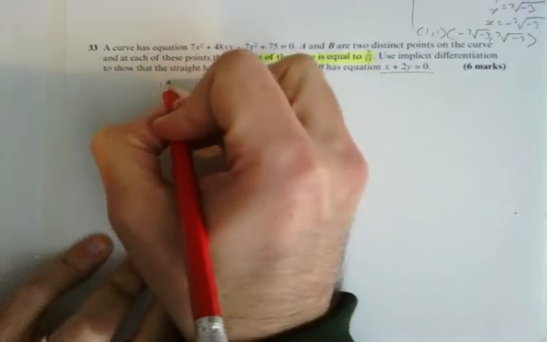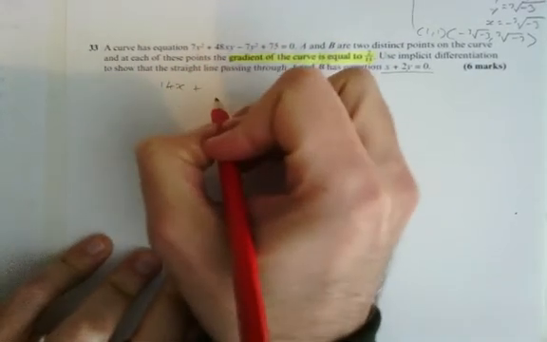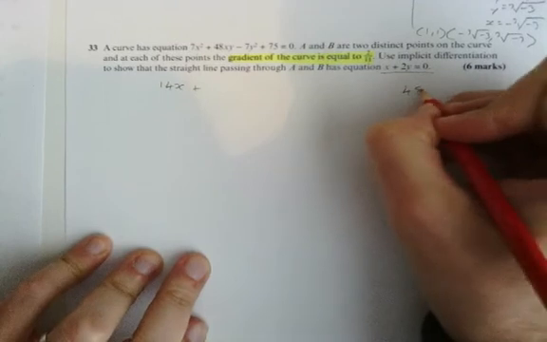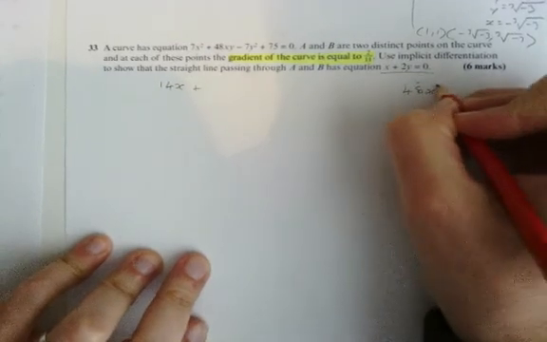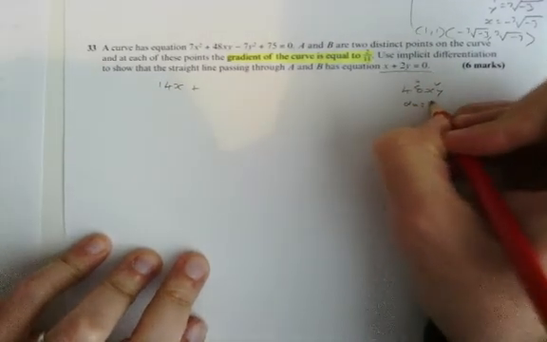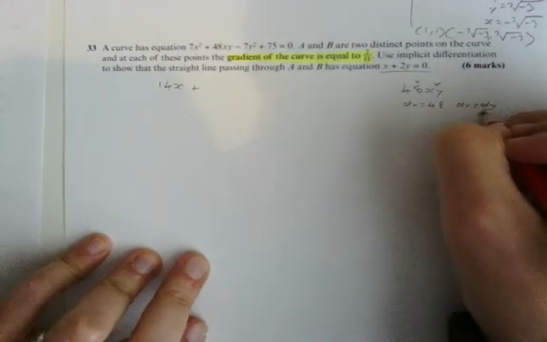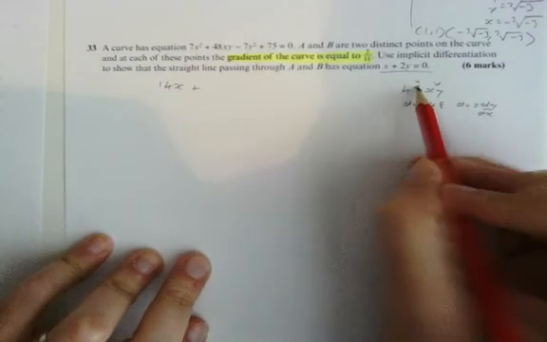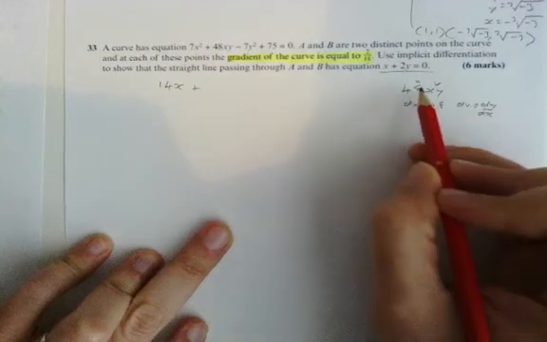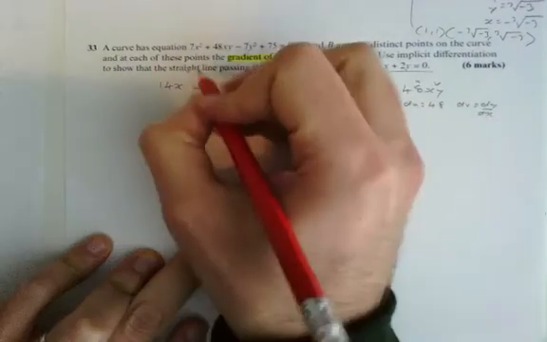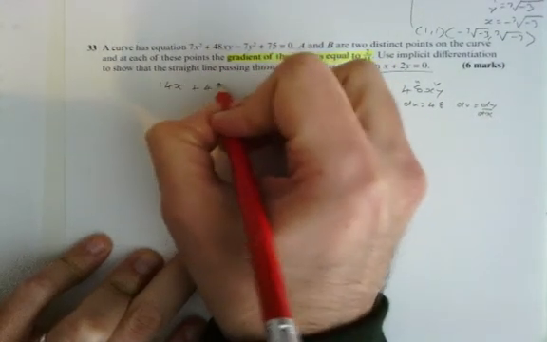Let's have a little look at what we're going to get when we differentiate this. So that's going to give me 14x plus, I'm going to use product rule again for this one, u and v. So du is 48, dv is dy by dx. So u dv is going to give me 48x dy by dx.